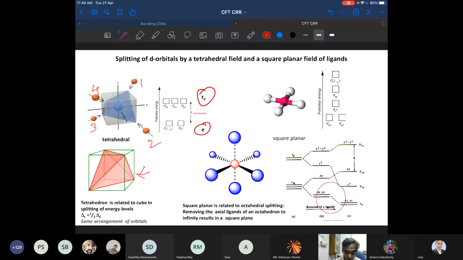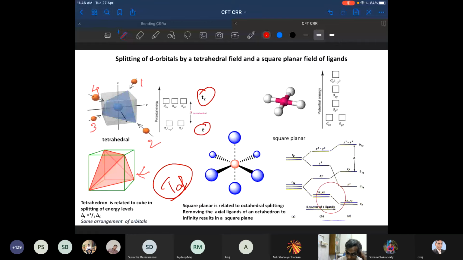So the T2 goes up, and then E comes down. That is about the tetrahedron. We simply call it Td, which comes from group theory. Don't bother. Now coming to the square planar.